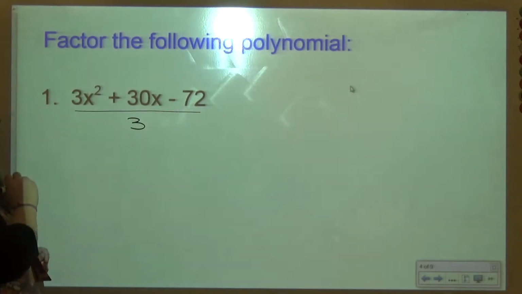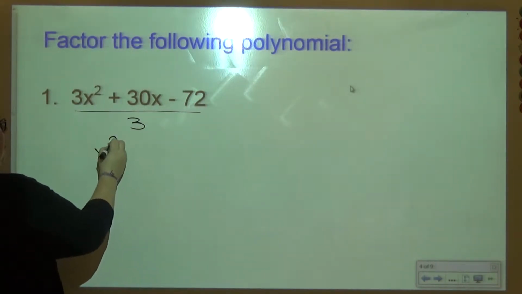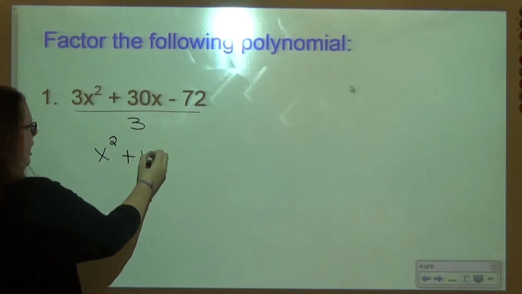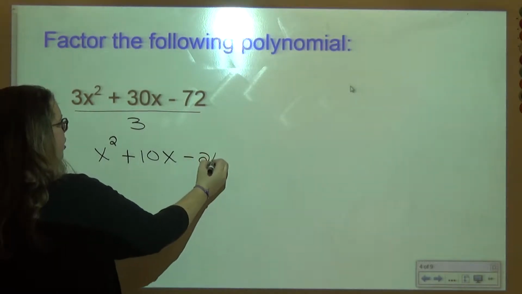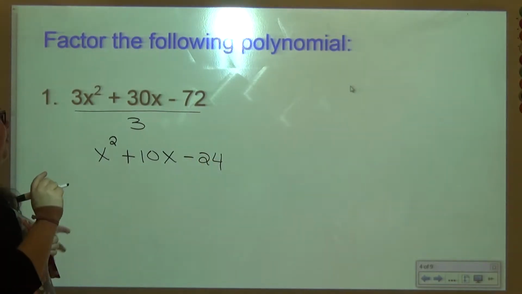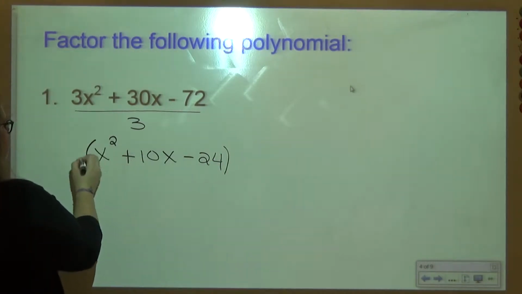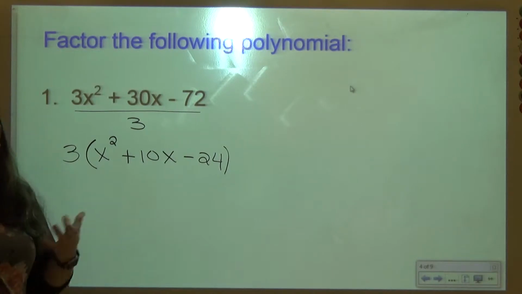So I'm going to divide. 3x squared divided by 3 is x squared, plus 30 divided by 3, 10x, minus 24. Now remember, when you do a GCF, parentheses, GCF on the outside. Now we're going to look at what's left.